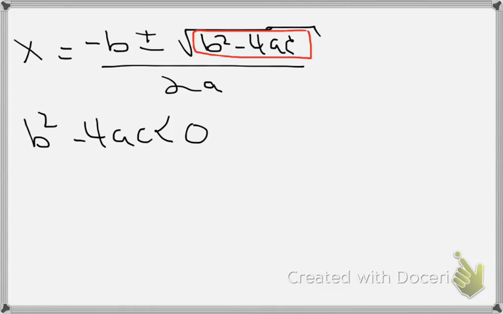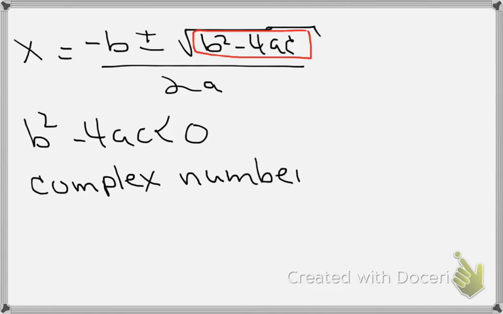And we know whenever we get the square root of a negative number, that will give us what we call a complex number. And we'll study those later on in the semester. But then this would give me that the solution x will be complex.